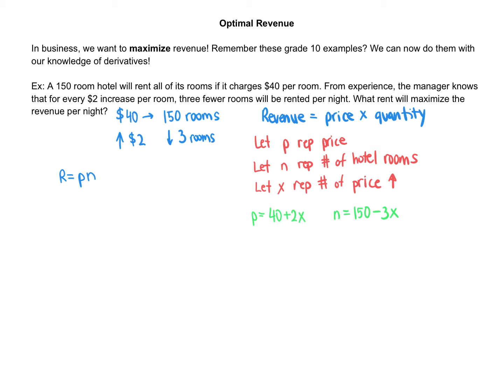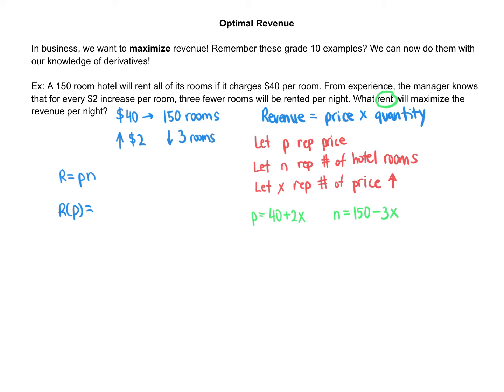Now, I want my revenue equation to be in terms of that price because it says what rent will maximize the revenue. So I want my equation to be about rent in terms of price based on what's given to me. That way, once I find my derivative and do calculations, I'll just have a more efficient equation to deal with.